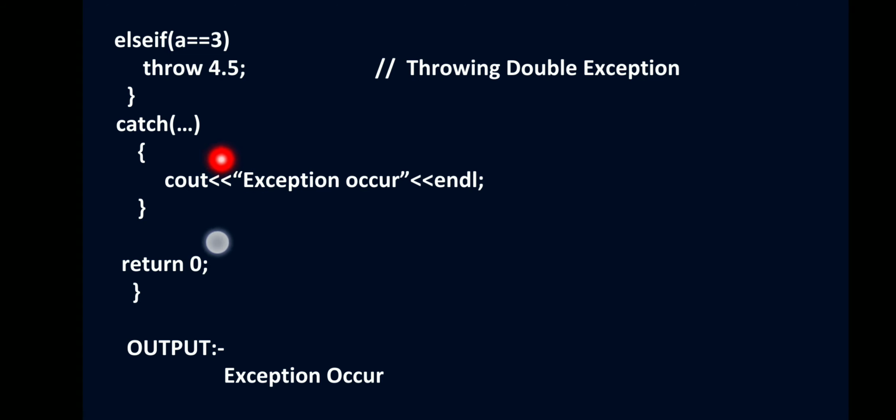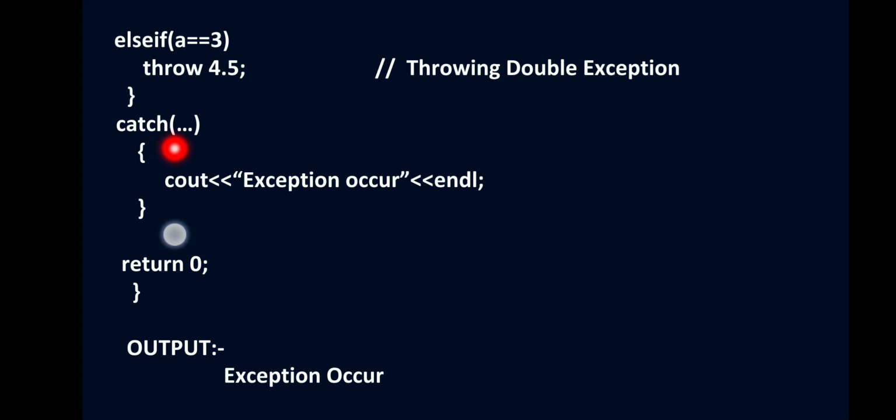Now here I have written only one catch block with 3 dots. So whatever type of exception I am throwing, this block will catch. This is a general catch block. General catch block means this catch block can catch any type of exception.